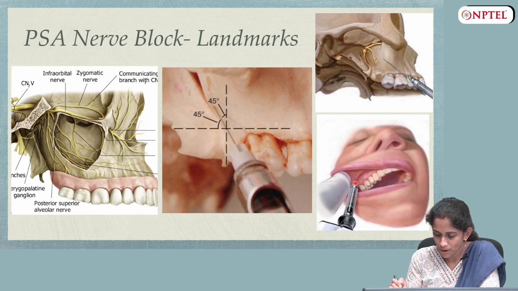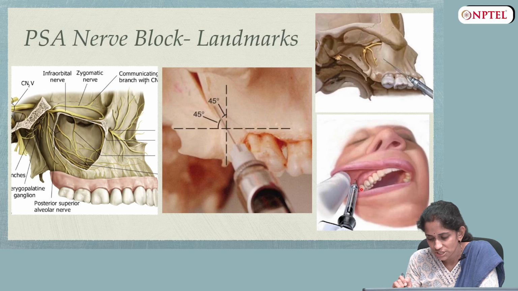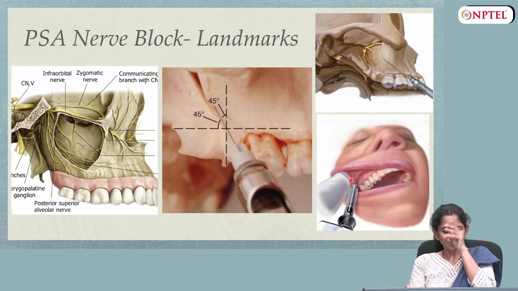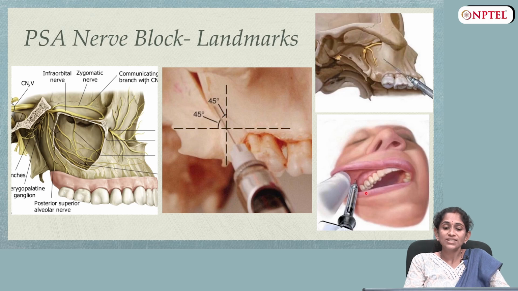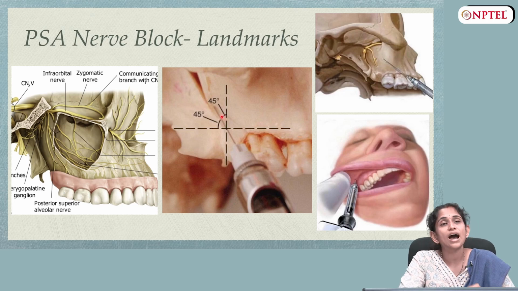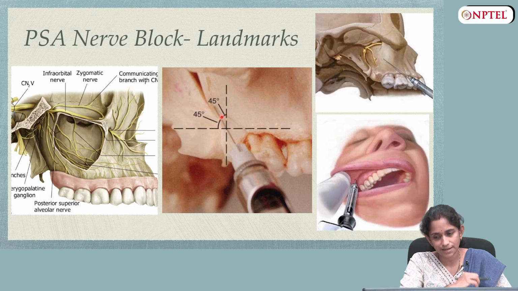So, we have the mucobuccal fold, the second molar tooth, and the maxillary tuberosity, which is right behind the second molar. Now, once you have identified these landmarks, how do you insert the needle?